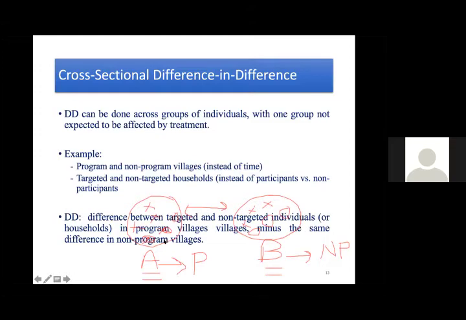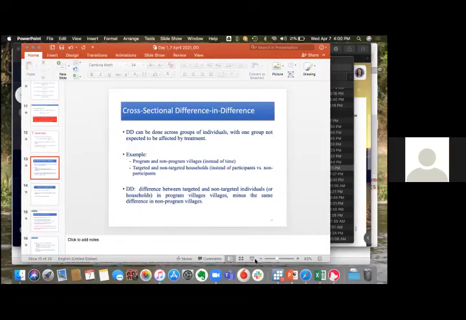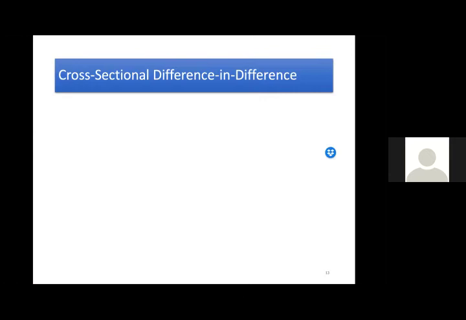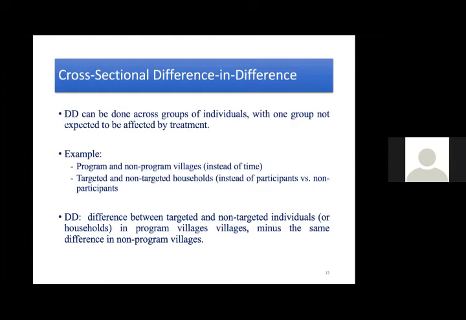I'm sorry, Racha, just to recap, to make it clear: the first differences that you take are between targeted and untargeted in each of the geographical locations, between the crosses and the circles? Exactly. In the area that is going to be treated, you take the difference between the targeted and untargeted, and in the area that is not going to be treated, you take the difference between those who should have been targeted and the others who are not targeted anyway. Am I right?